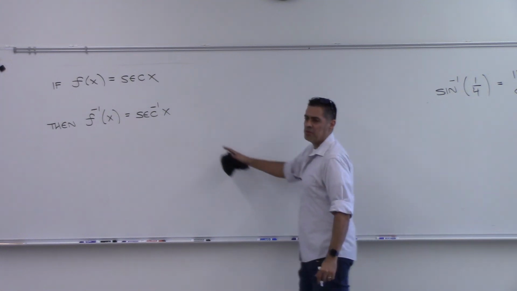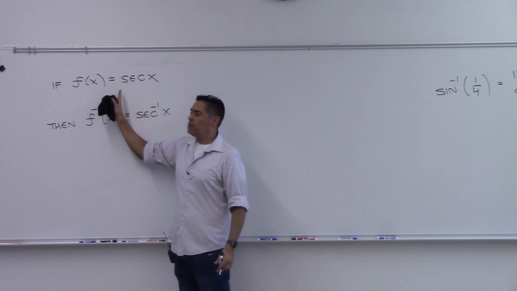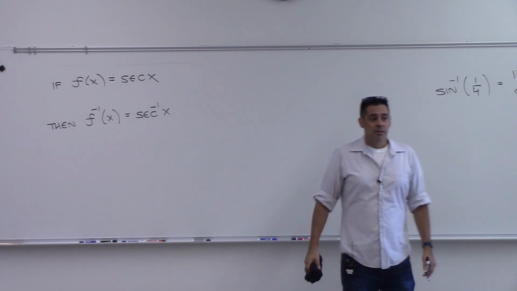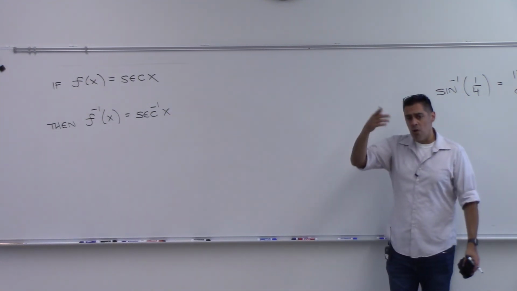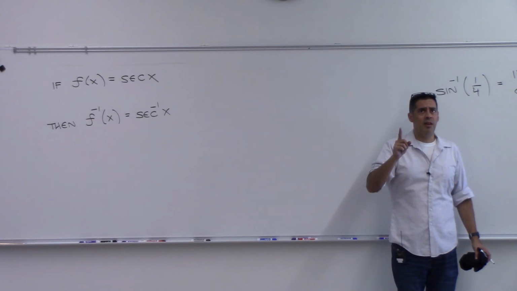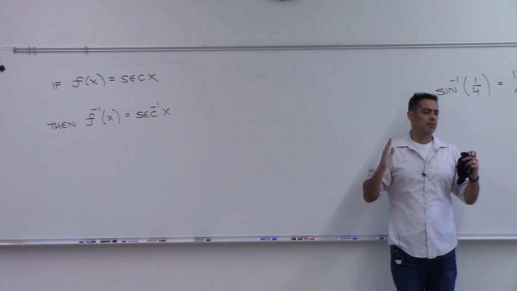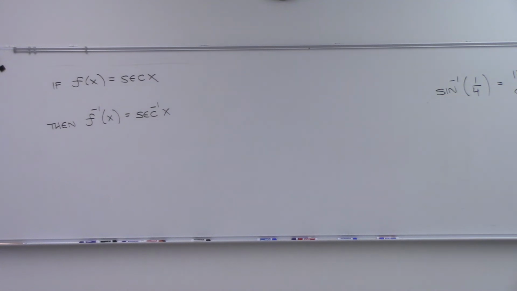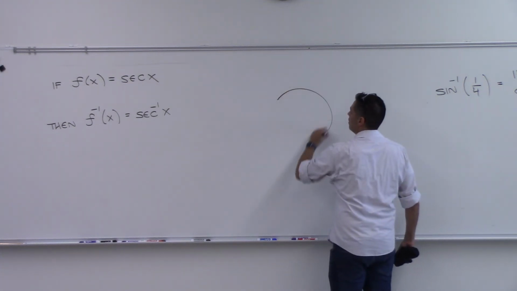What do y'all think about the domain restriction for secant? How do we need to restrict secant so it has an inverse? Well, secant is 1 over cosine, right? So what was the restriction that we had for cosine when we wanted to have an inverse? 0 to pi, right? So think about this.